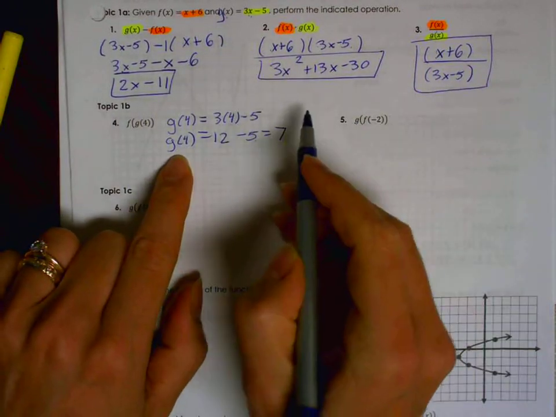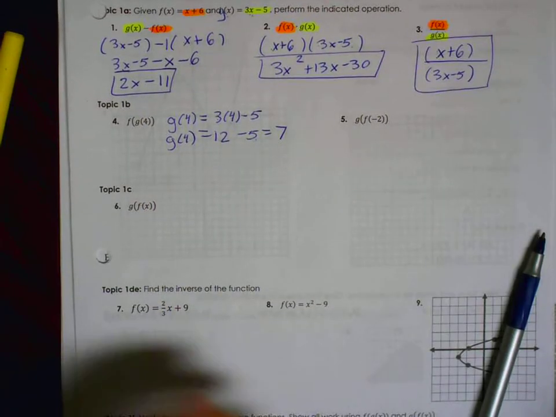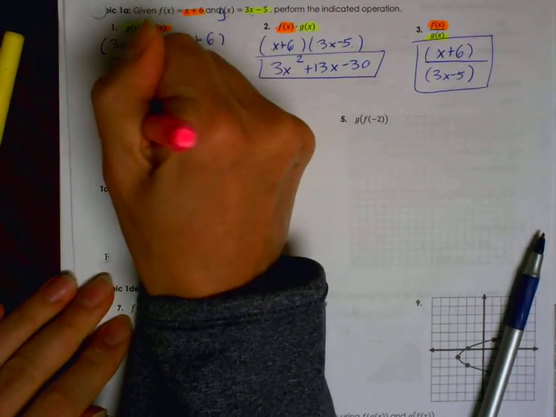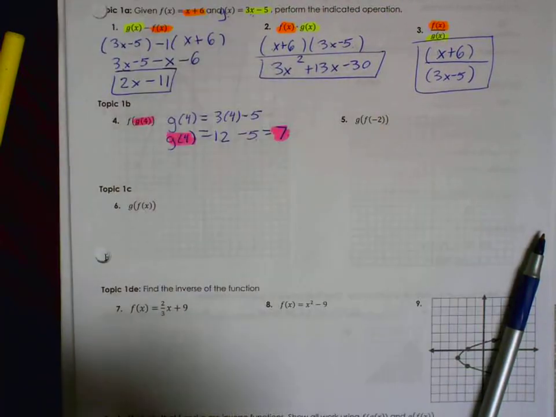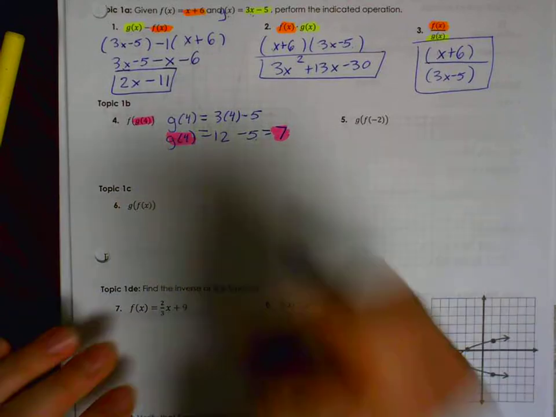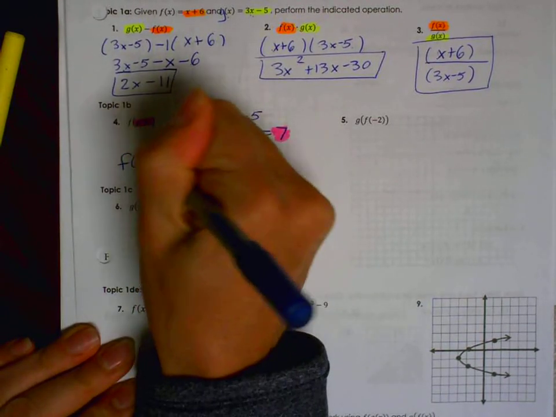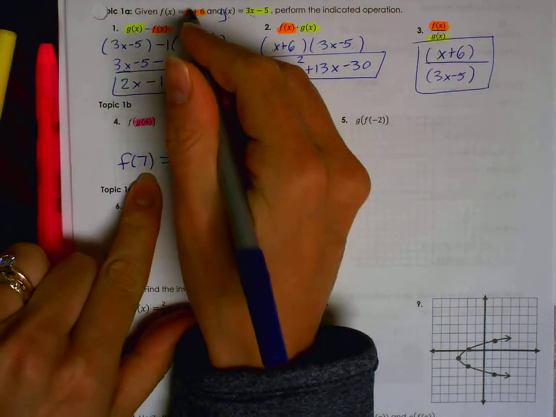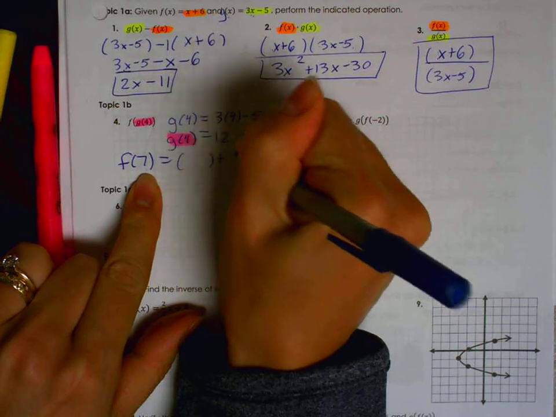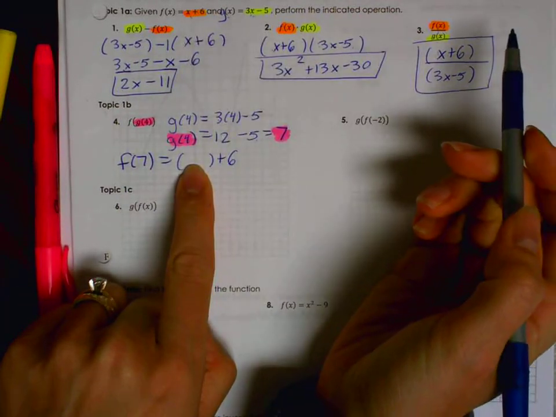And then that is going in, right? I've got g of 4. So let's take a look here. G of 4, and this is g of 4. So now I'm looking for f of g of 4, and we said g of 4 is 7. So now I'm looking at my f function, and again, everywhere that there is an x, I'm going to replace that x with 7.